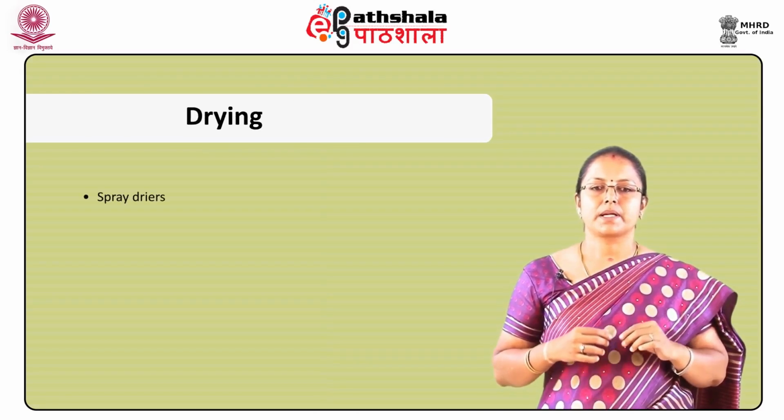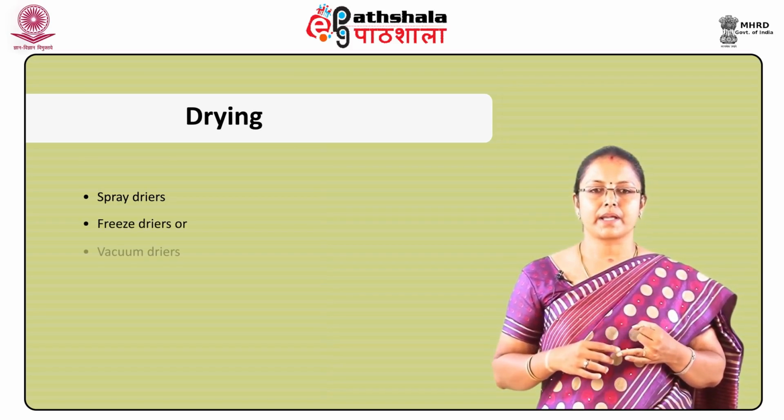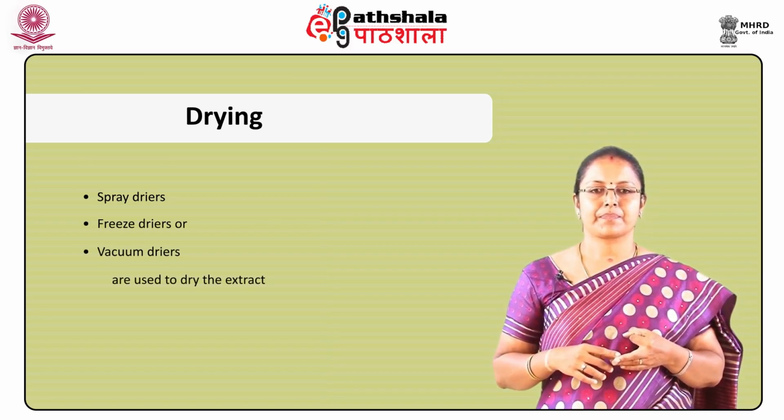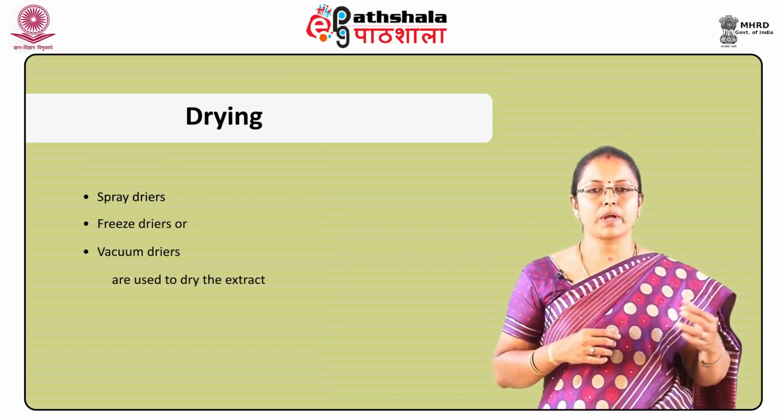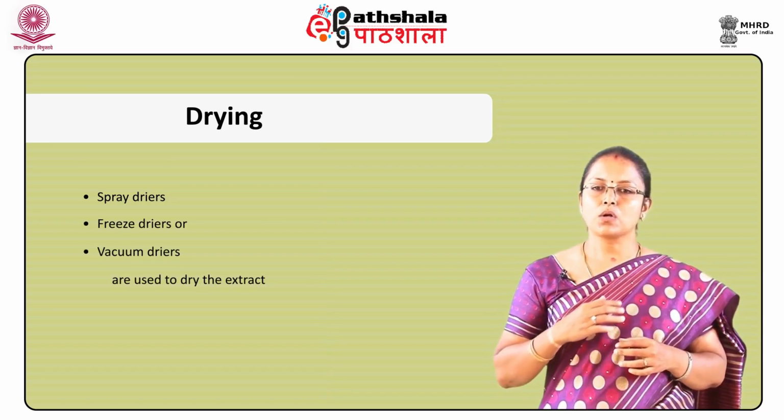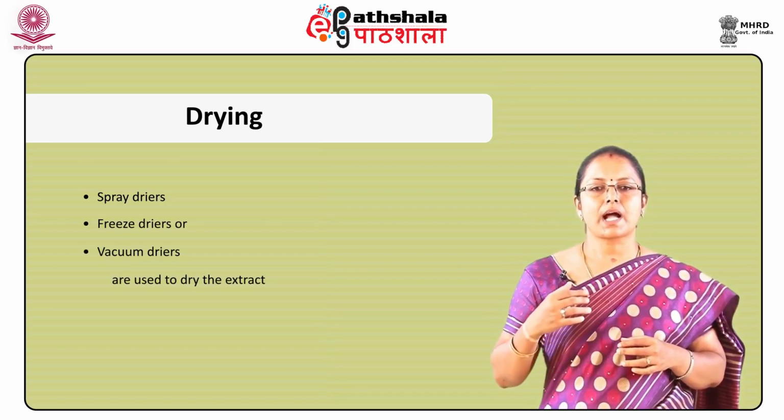The drying of the infusion is achieved by spray drying, freeze drying, or vacuum drying. Freeze drying and vacuum drying methods are not commonly followed because of the high energy costs involved. The generally employed method is spray drying. Flavor losses are high because of the high temperatures.